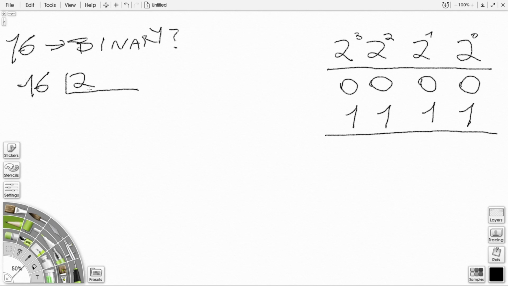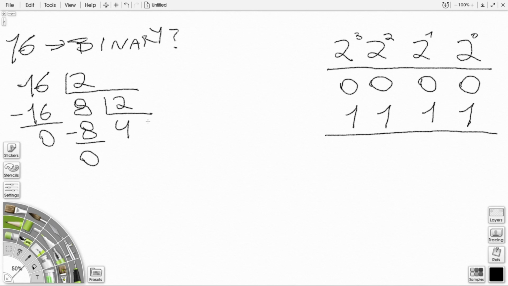All right, so 16 divided by 2 equals 8. 16 goes here, 16 minus 16 is 0, right? 8 divided by 2 is 4. 8 minus 8 is 0 as well. 4 divided by 2 is 2.